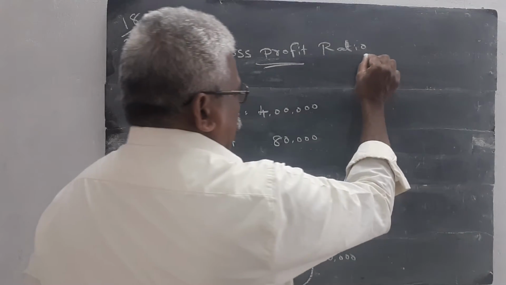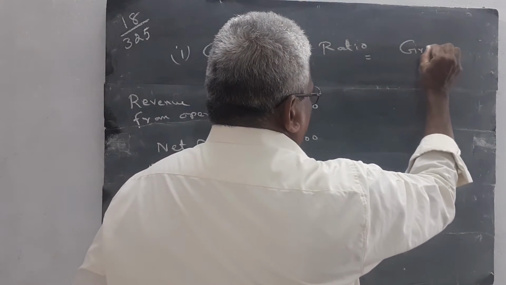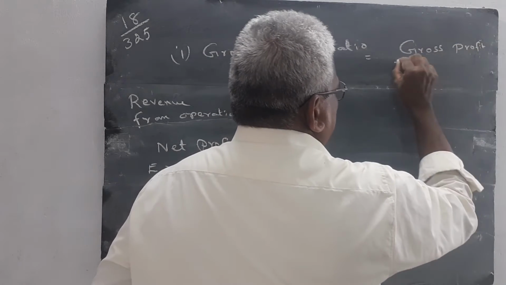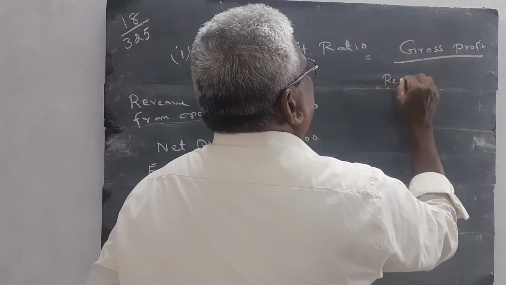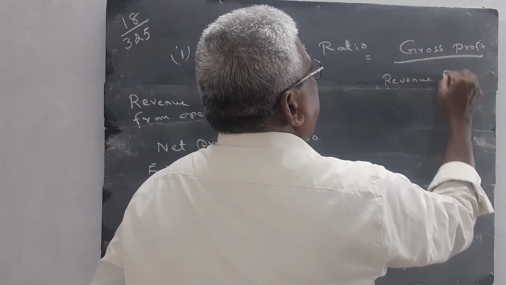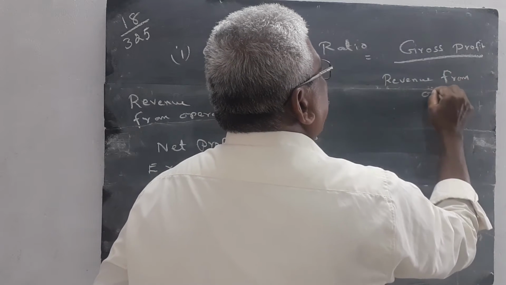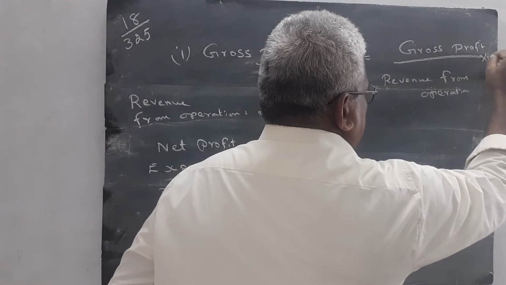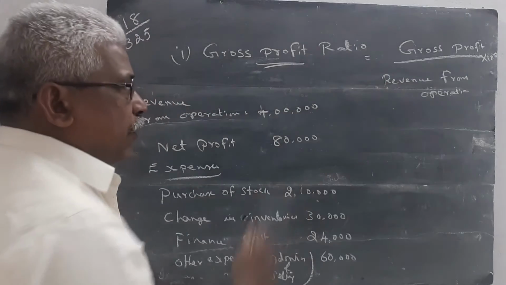Gross profit ratio is equal to gross profit divided by revenue from operation into 100. First you write this formula.